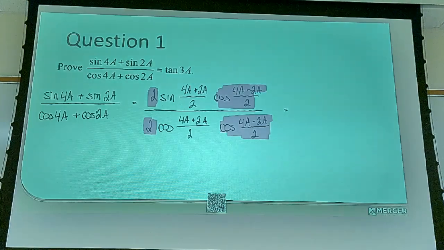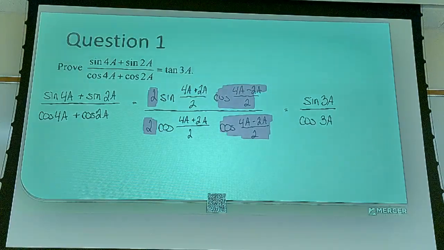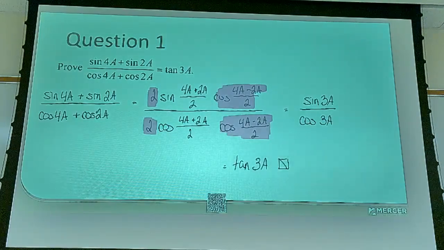That's what? 3a, isn't it? 6a over 2. The sine of 3a over cosine of 3a. Well, what's sine over cosine? That's tangent. And so we get our tangent of 3a.